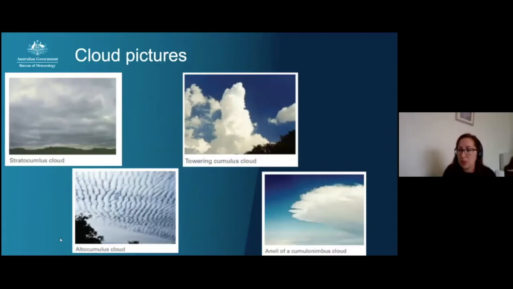And here are some pictures of those clouds. Stratocumulus cloud, fairly dark, low cloud, a little bit lumpy as well, so you might have a dreary, drizzly day. Here we have the altocumulus cloud down the bottom, so quite a nice looking cloud.